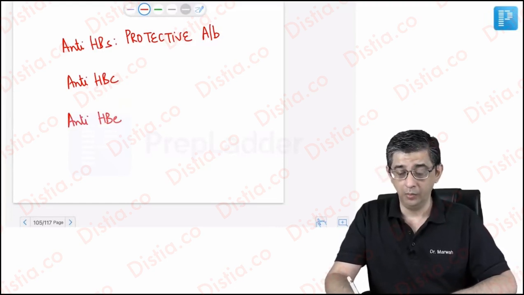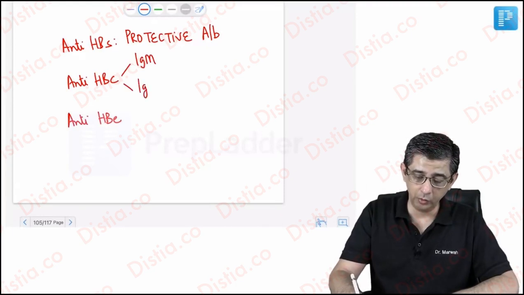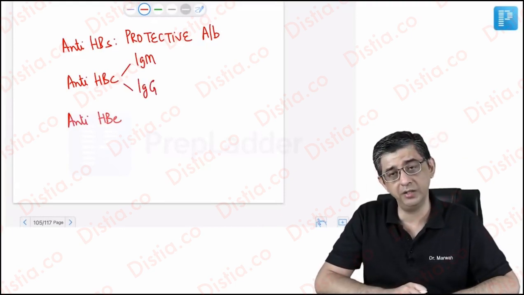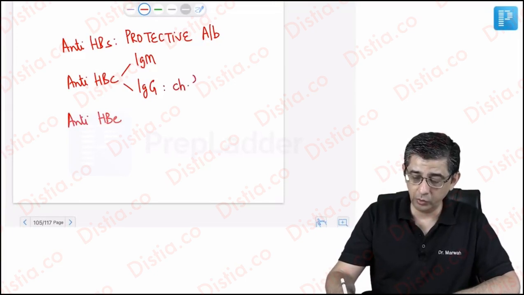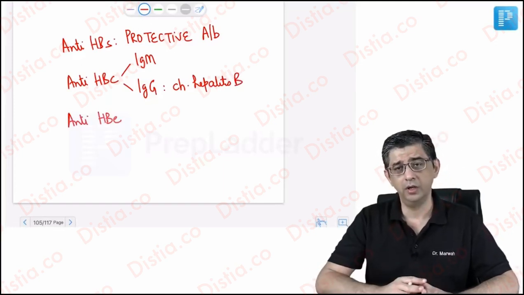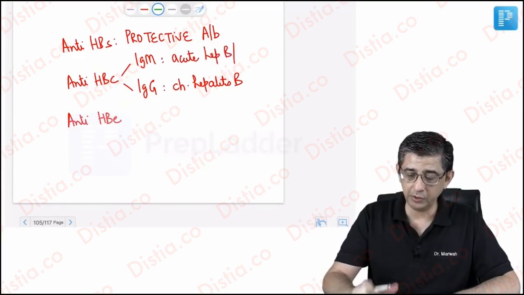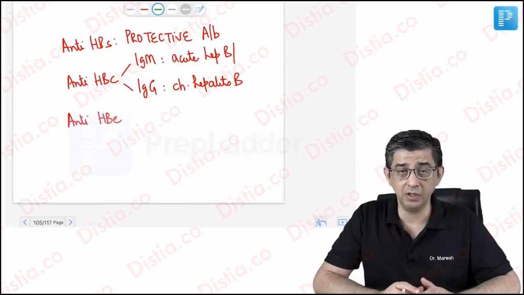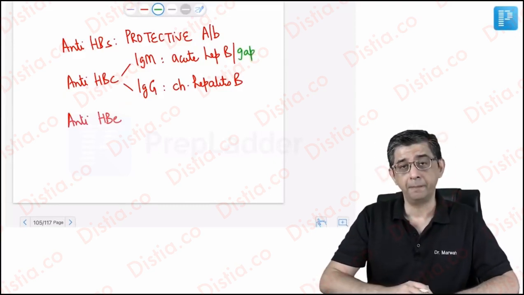But if he talks about antibody against the core antigen, he would like to talk about two aspects, IgM class of antibody and IgG class of antibody. If you read IgG class of antibody to the core antigen with surface antigen positivity, it means that the patient is having chronic hepatitis B, understandable, IgG chronic. But when you will read about IgM class of antibody with surface antigen, you will notice that in multiple choice questions, sometimes the answer is given as acute hepatitis B and sometimes the answer is given as gap period.